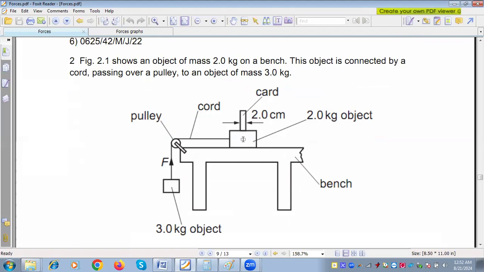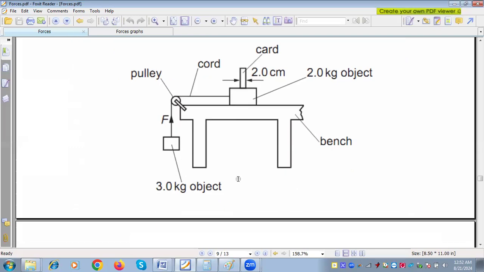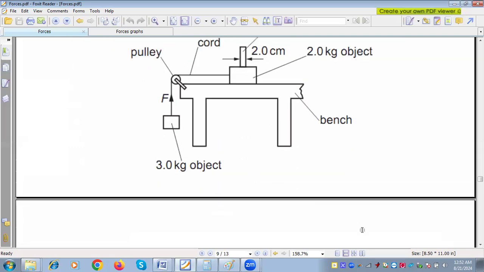So this 2 kilogram object is attached to the 3 kilogram object. In which direction will this be moving? In this direction, and the weight will be going in the downward direction. Due to this weight, the weight is applying this force and it's going in the downward direction.